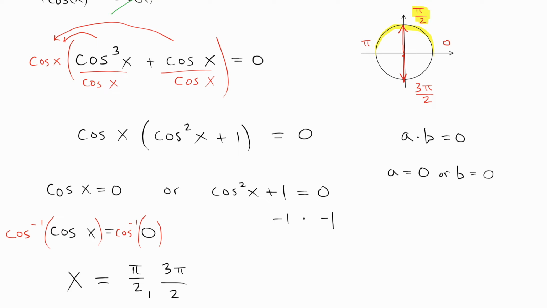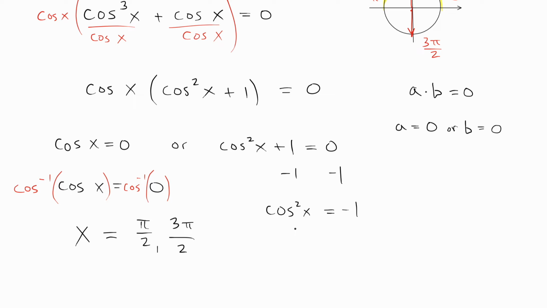Now let's try solving for other solutions here. So here we should take a square root of both sides. But when we do, we have to acknowledge that we could have a plus or minus on one of the square roots.